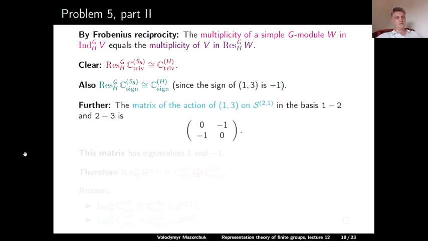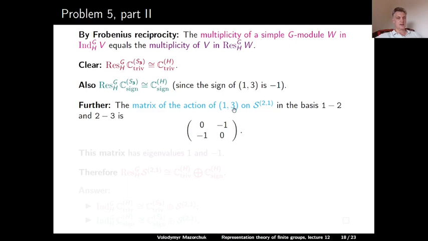And then the matrix of the action of the transposition (1 3) on the two-dimensional simple curly S with the upper index (2,1), computed in the basis 1 minus 2 and 2 minus 3 of the natural module, is given by the matrix (0 -1; -1 0).